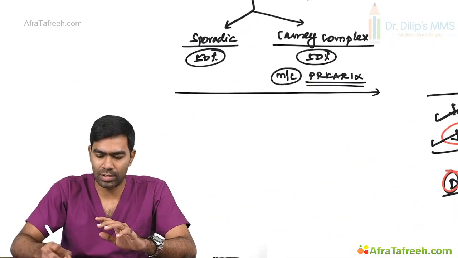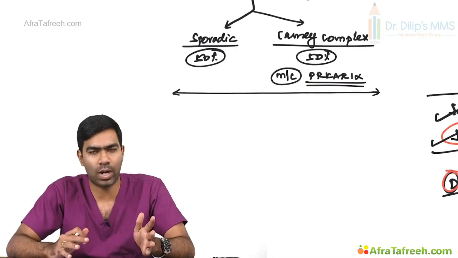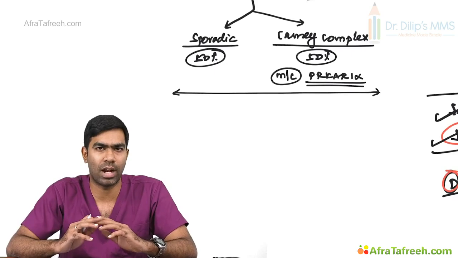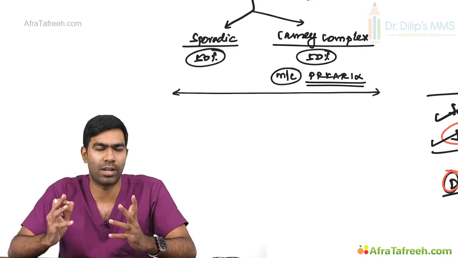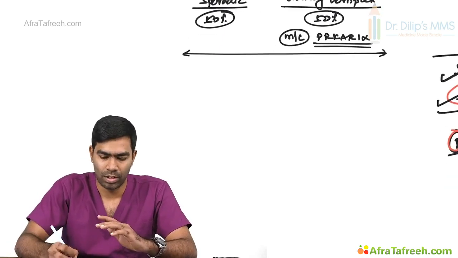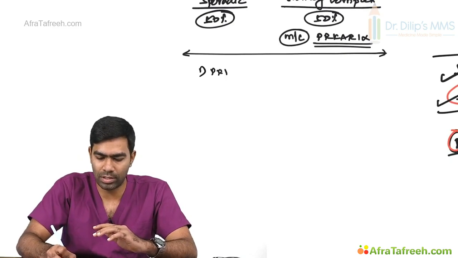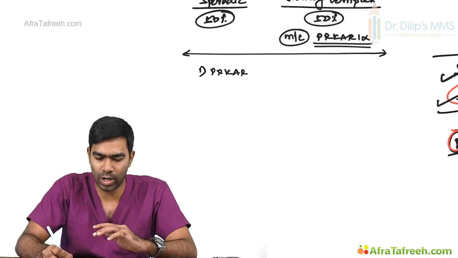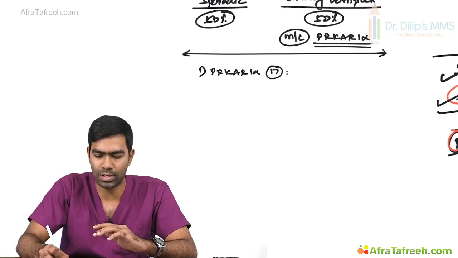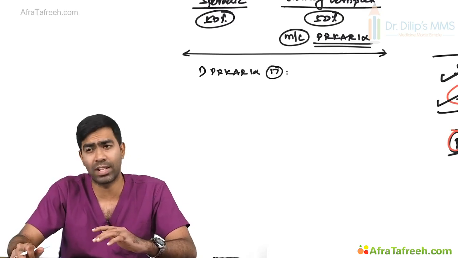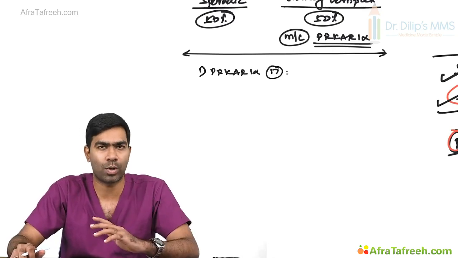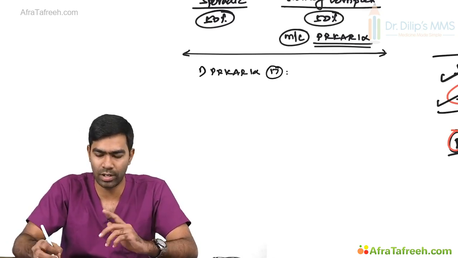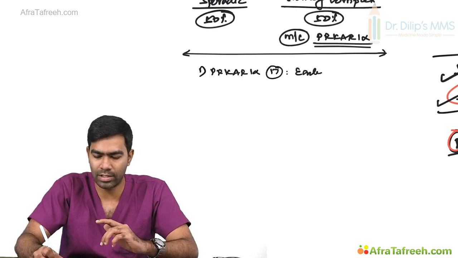So what are the genes that are related to this sporadic as well as Carney complex and related receptor level hypercortisolism? One is, obviously, PRKAR1A, which is present on chromosome number 17. Whenever PRKAR1A is mutated, whether in Carney complex or in sporadic cases, it will result in a very early and in fact very severe disease, and they will have skin problems also.